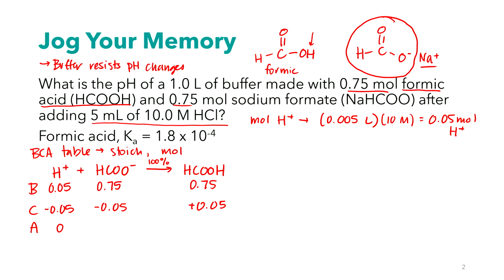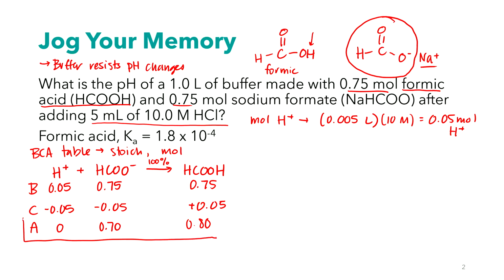We've had to use some of our formate, some of that HCOO-, so we wind up with 0.70, and we gain that in our HCOOH. Big picture, I put in a strong acid, and instead of just increasing the concentration of H+, I've actually just increased my HCOOH a little bit. So instead of adding a strong acid, I've added just a little bit more of my weak acid. That's why I'm not seeing a huge pH change.